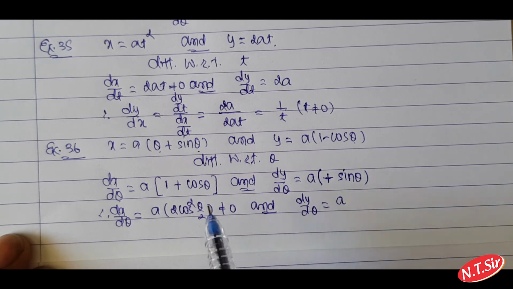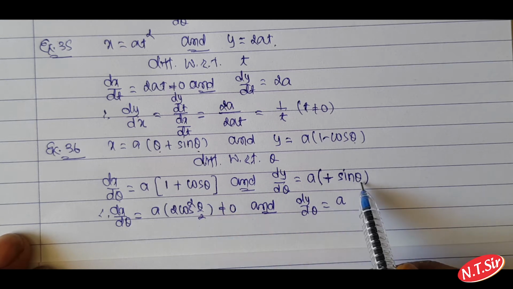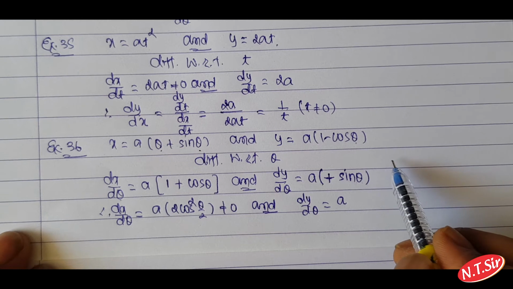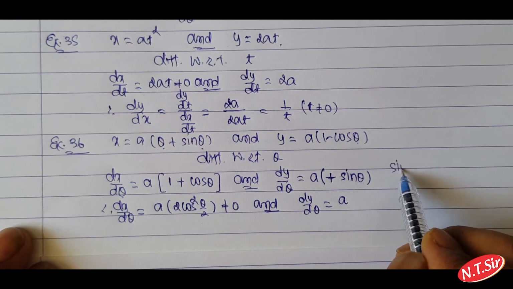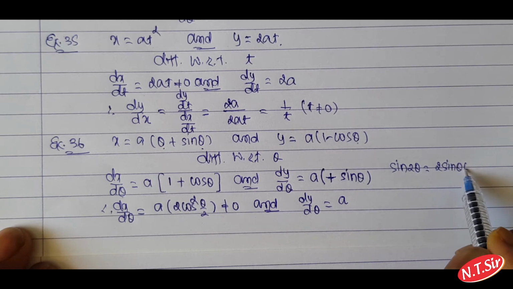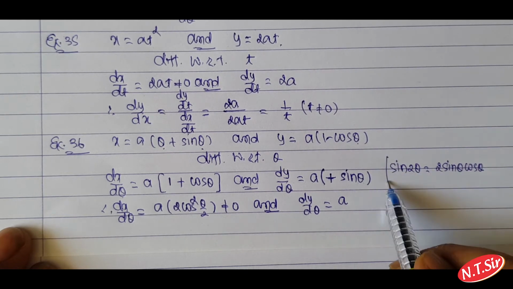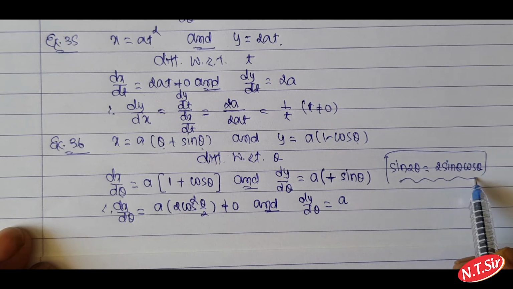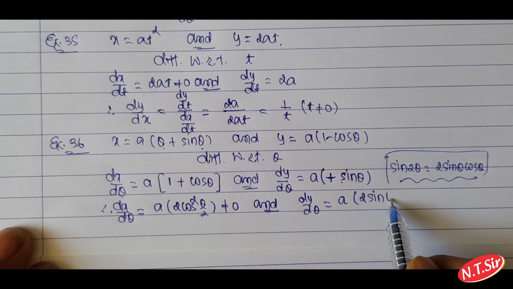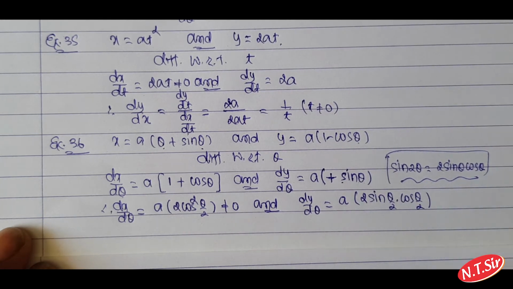Now this is in half angle theta by 2 and this is in full angle, so applying the sin 2 theta formula, you know formula for sin 2 theta is 2 sin theta into cos theta, right? So applying this formula here, what we get, this is 2 sin theta by 2 into cos theta by 2 हो जाएगा, right?